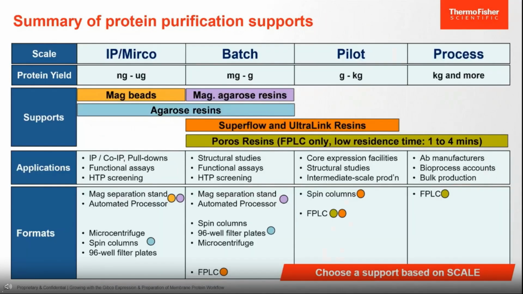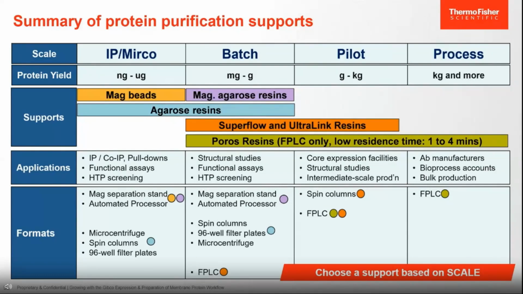Another consideration when purifying your protein of interest is scale. Understanding what your target yield is from your starting sample can help guide you in picking the correct magnetic bead or resin for your purification process. This chart captures the range of purification scales and the appropriate support to accomplish the desired purification strategy.